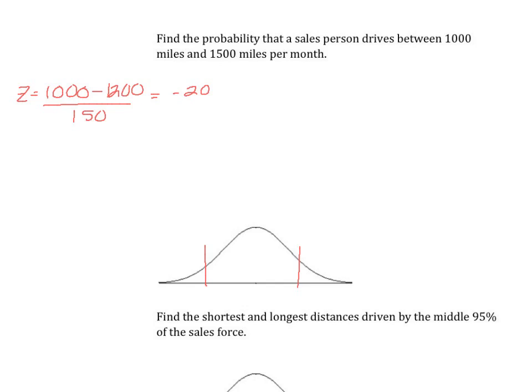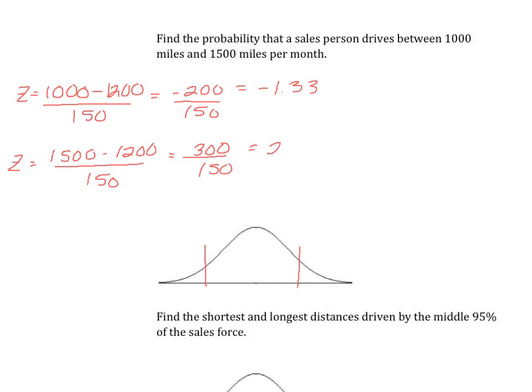Subtracting, we get negative 200 over 150, so that is negative 1.33. And we also need to find the z-score for 1,500 miles: minus the average divided by the standard deviation. So 300 divided by 150 equals 2.00.